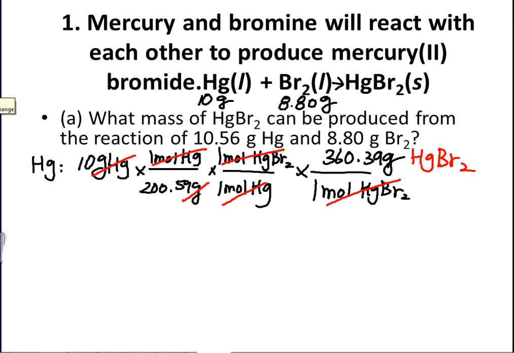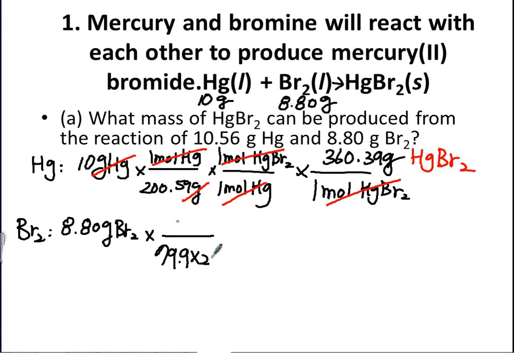Now Br2. I'm going to do the same thing. I'm going to predict how much product I'm going to form using Br as my limiting reactant. So I'm going to assume that I have 8.80 grams of Br2, and I get 79.9 times 2, because it's diatomic, grams of Br2 for every 1 mole of Br2.